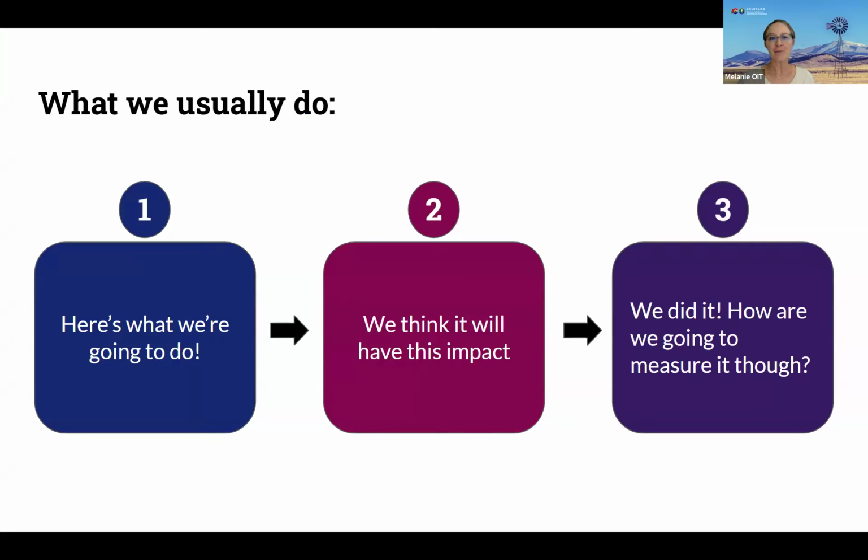And after we think about how the project will go, what it is, who's going to participate in it, then we might think, oh yeah, I bet this will impact this group of people or that group of library patrons, for example. And then as an afterthought, oh yeah, we need to measure that. Are we going to count people? What are we going to do? Right. So that's often the process that people follow. So next slide.